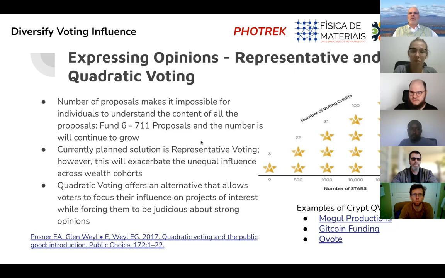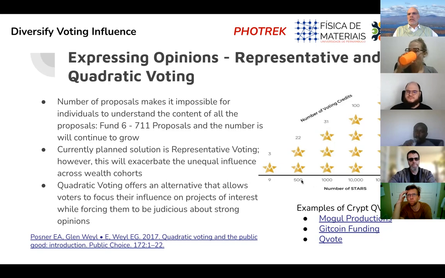But the innovation here is important, and I think it's important to do this before we go to a representative type system. What it does is, this is a little graphic I pulled from the Moogle Productions, which is another cryptocurrency project, where they're allocating stars. This is kind of a Hollywood select movies kind of application.